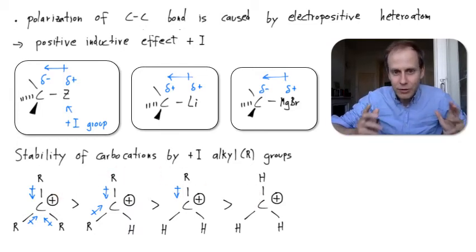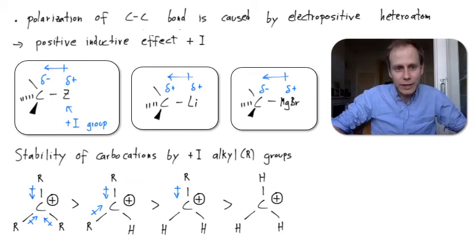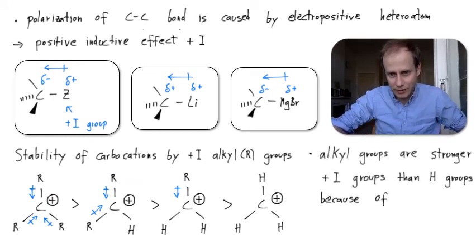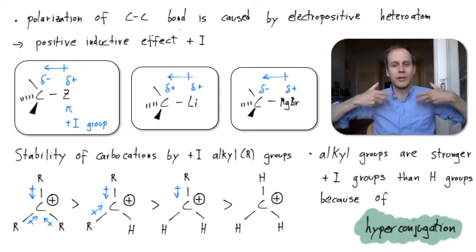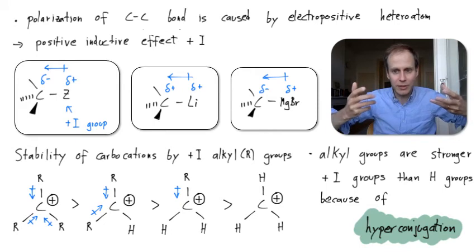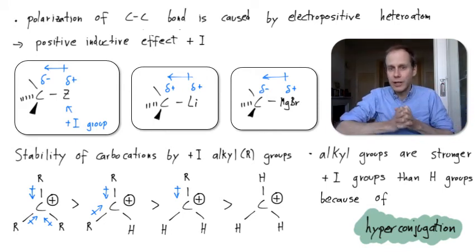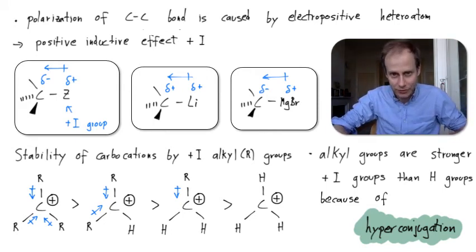So this cannot only be explained by inductive effects. Generally, as I said, alkyl groups are stronger +I groups than hydrogen groups. And why is this? This is because of a stabilization mechanism called hyperconjugation. And this is what I explain next.